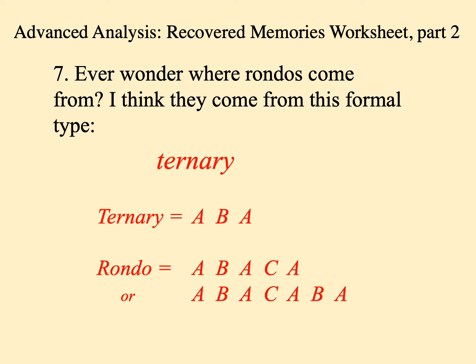And the reason why we draw it back to ternary is because what happens in sections B and C tends to create contrast with what we've been hearing in section A. So rondo takes that ternary idea of variety and contrast and expands upon it.